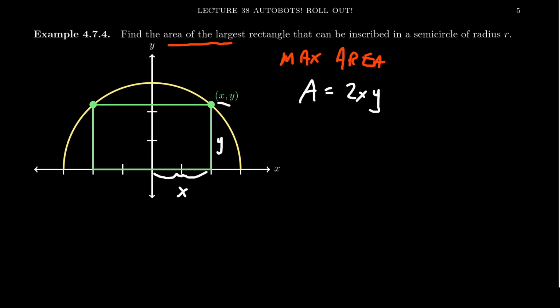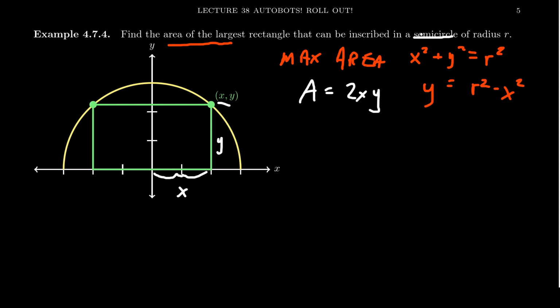And so one could try to then optimize like we did before. We have this 2x and y. Well, we'd have to remove one of the variables using the other. We could use the semicircle, because the semicircle this time actually is giving us the constraint. Now the semicircle as a constraint, just for a general circle, has the equation x squared plus y squared equals r squared. If you solve for y and choose the upper semicircle, you're going to get the square root of r squared minus x squared.